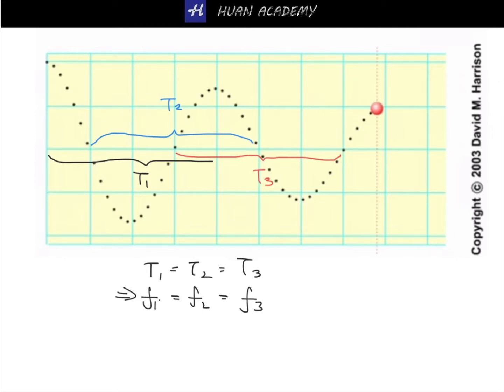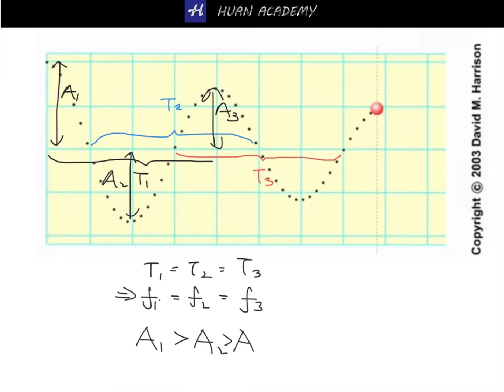And let's have a look at the amplitude. As you can see from here, this is amplitude. Let me name it A1. And this is another amplitude here, A2. And another one here, A3. Obviously, A1 is greater than A2 is greater than A3.